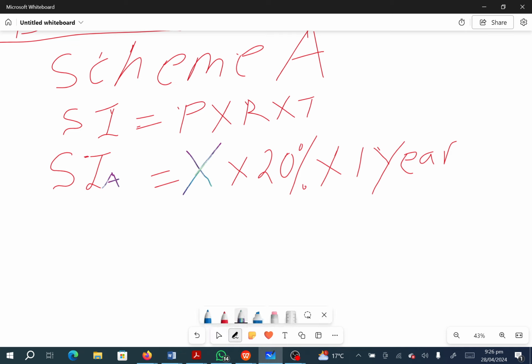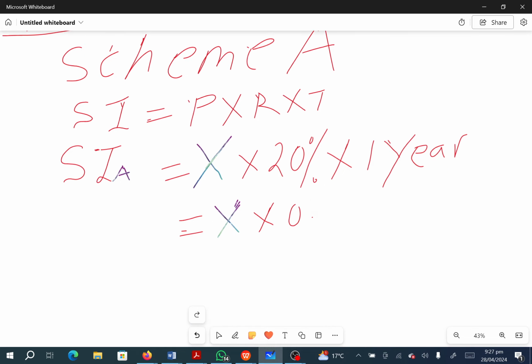Then we can now compute. We say X multiplied by 20% divided by 100, which is 0.2. Then multiply by 1, which is the year.